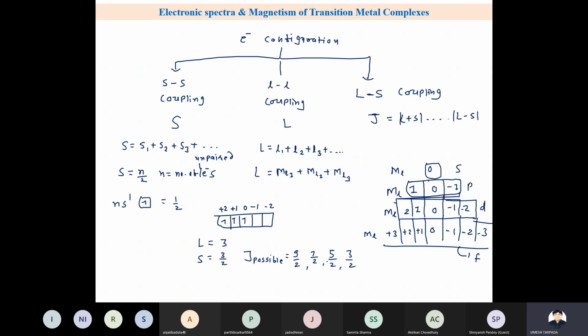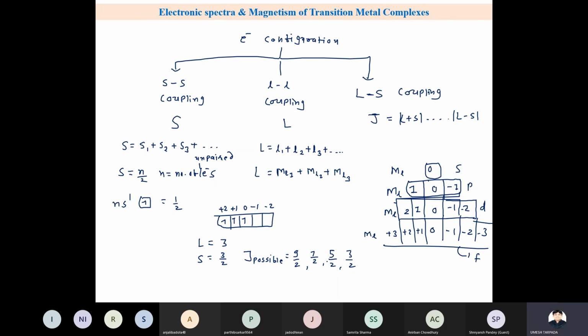Is it clear? Yes, sir. Okay, so in this way you can write down the J value.